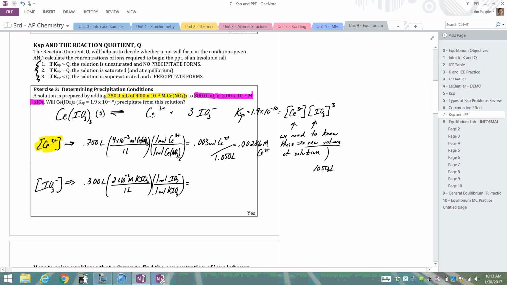So 0.3 times 2 times 10 to the minus 2 ends up giving us 0.006 moles of iodate ions. We divide by our new volume, 1.050 liters, and we end up with 0.00571 molar iodate ions.